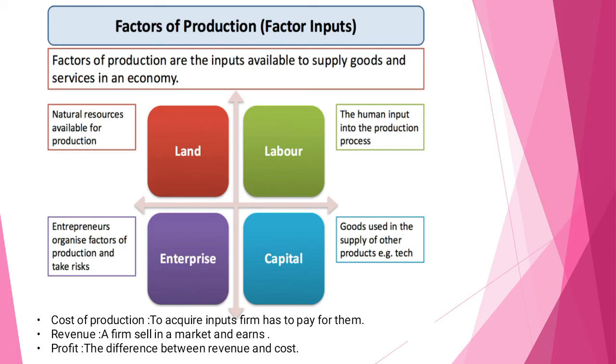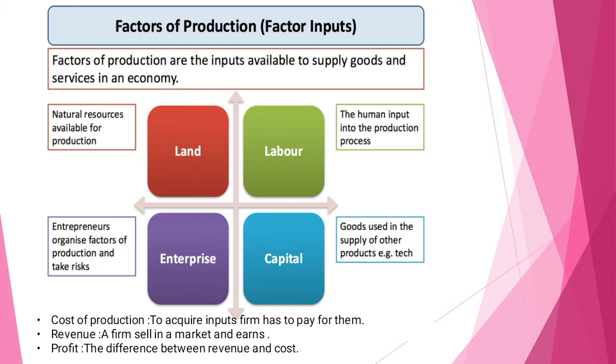And the third is capital, goods used in the supply of other products. Example, machineries like that. Goods used in the supply of other products, that is machineries. Then entrepreneur, who organizes the factors of production and takes the risk.